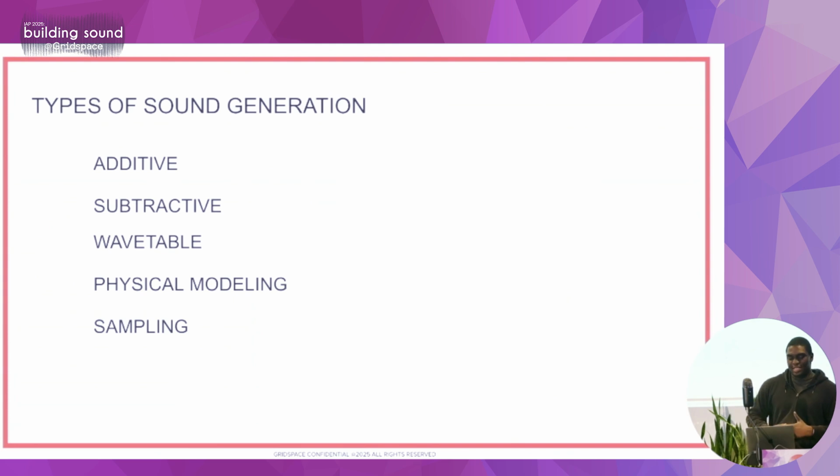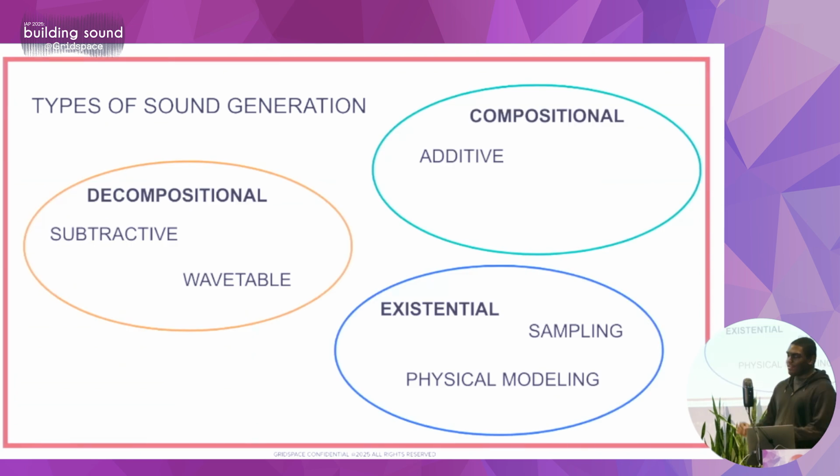These kinds of synthesis can be split into three different categories. You have compositional synthesis, where you're taking elements of sound and trying to add them together, whereas you have decompositional types of synthesis, where you start with something relatively complex and try to cut out the excess, and you have existential, where you're trying to copy something that already exists, either by copying the literal samples that you can record from the sound, or trying to model how it physically works in order to produce the sound.